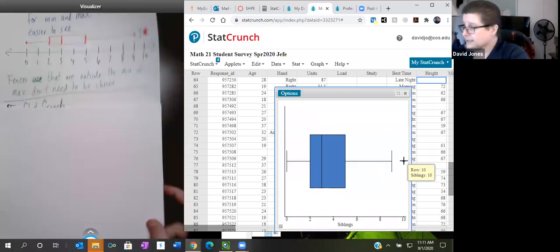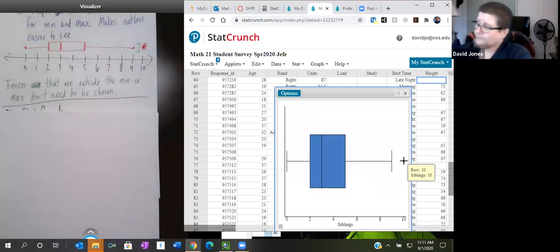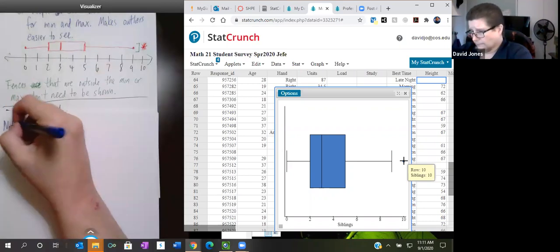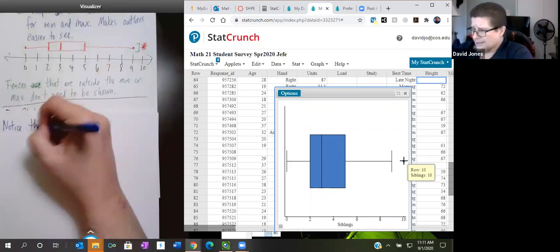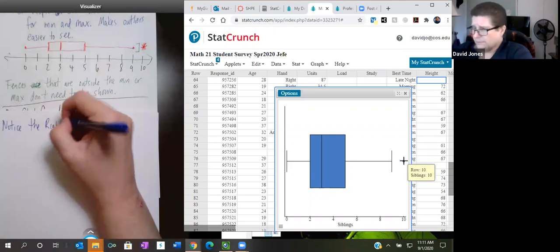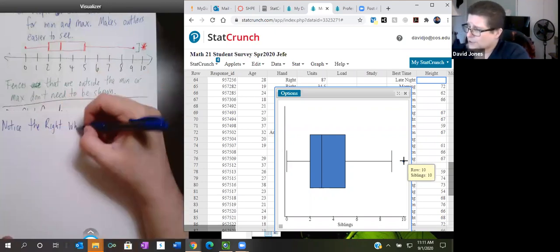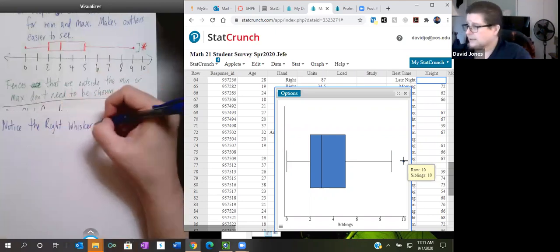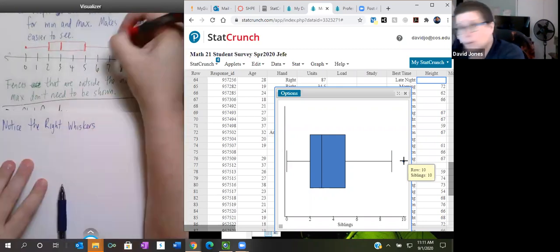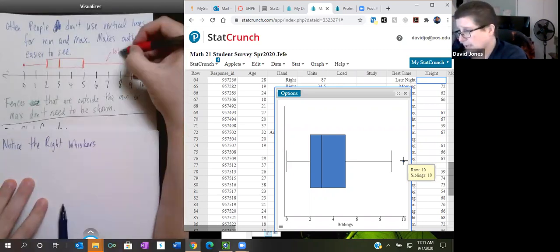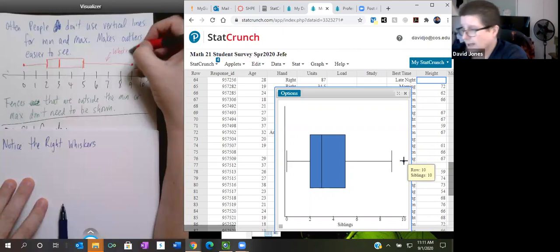So notice the right whisker, that's what it's called. These are the whiskers on the left and right. Whisker and whisker.